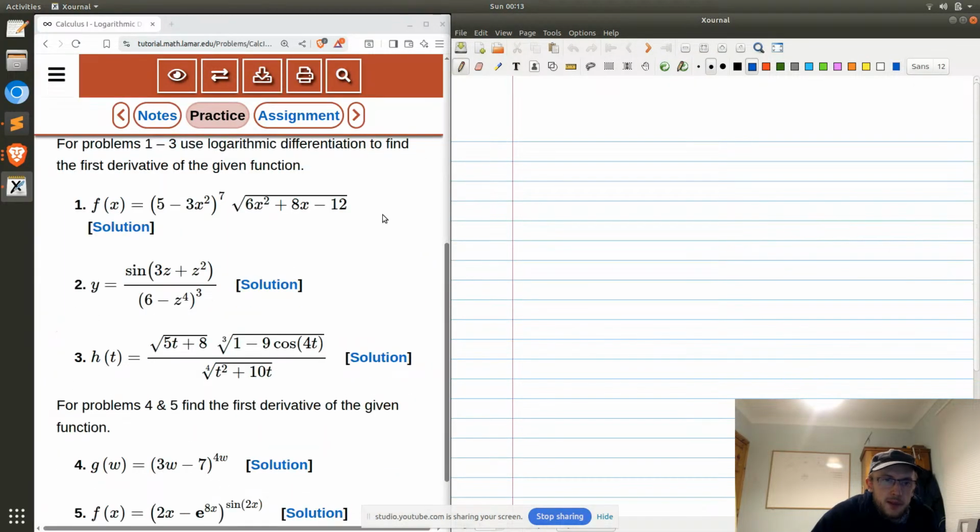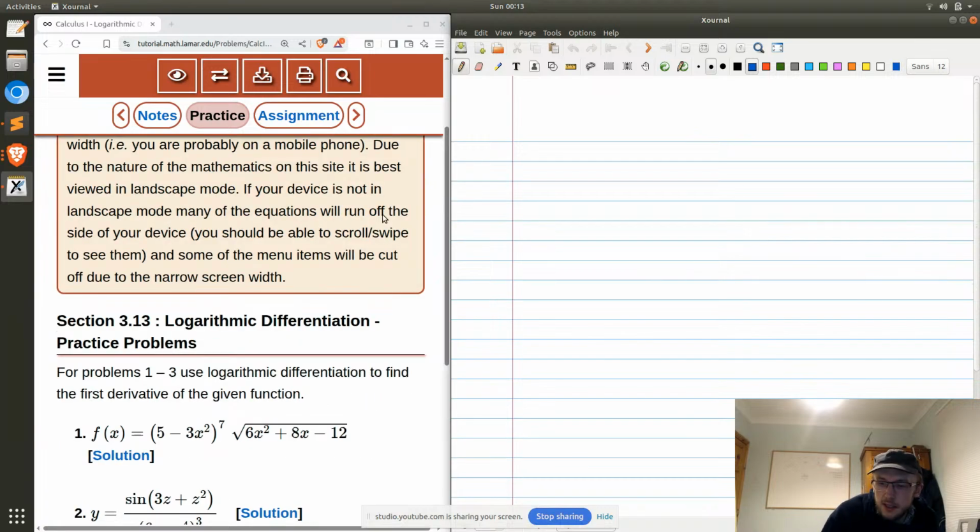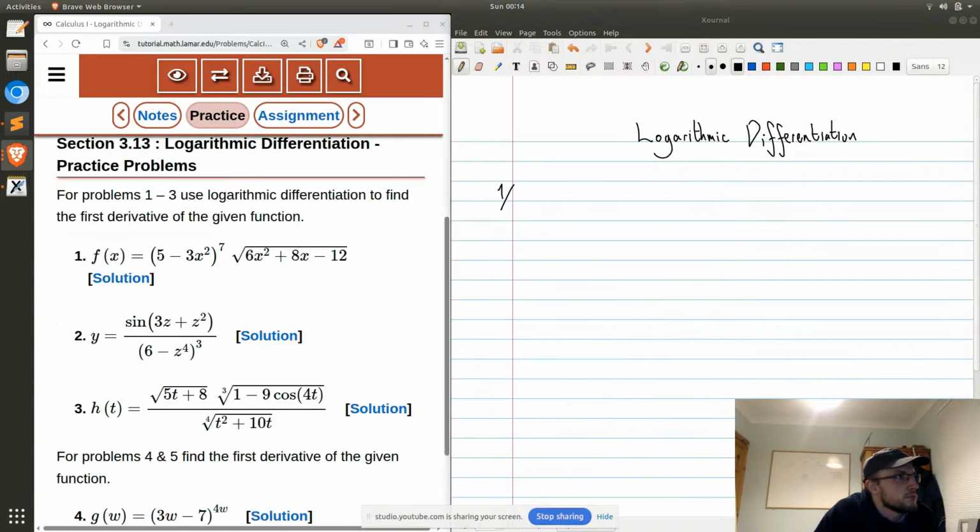Yeah. Let's get started. Logarithmic differentiation. All right, let me try. Natural logs for both sides. I'm not going to write the big natural log of that.